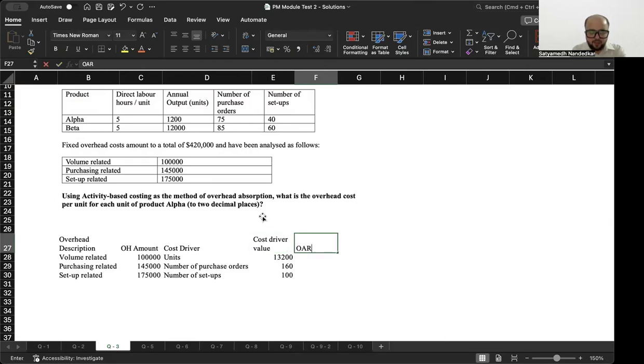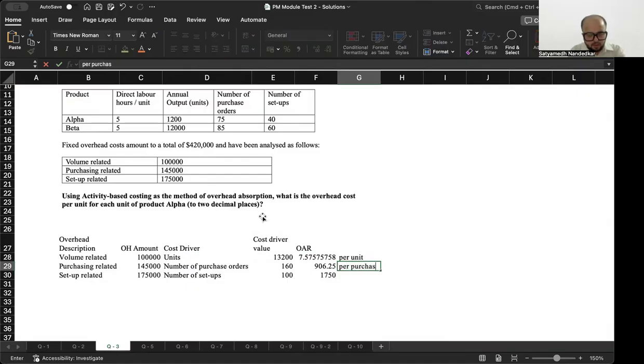Okay, how do I get my overhead absorption rate? It is this upon 13,200. I will call this 7.57 per unit, 906.25 per purchase order, and 1750 per setup.